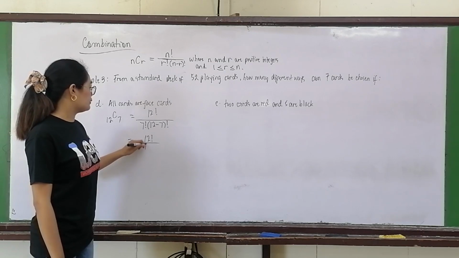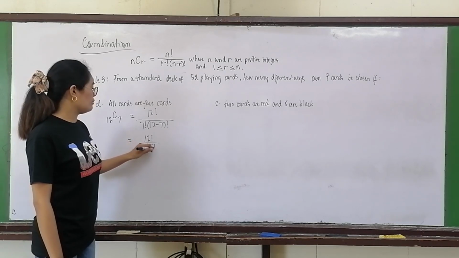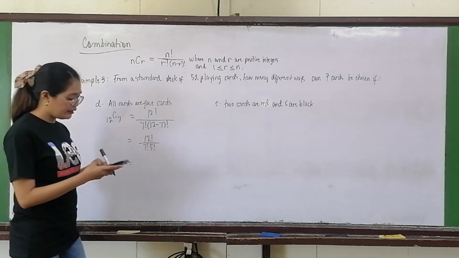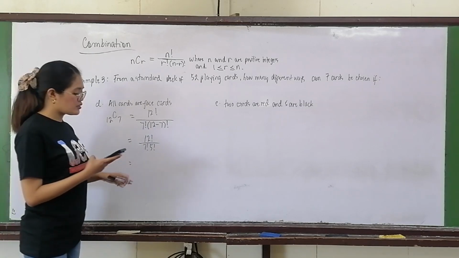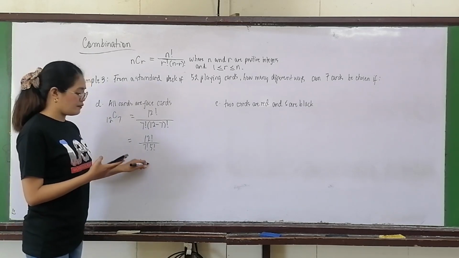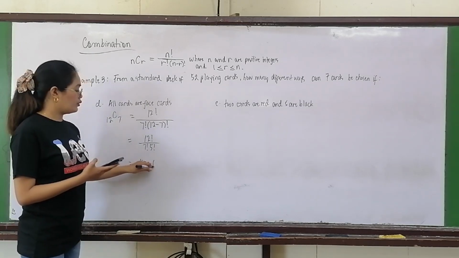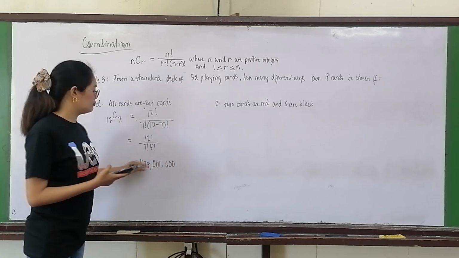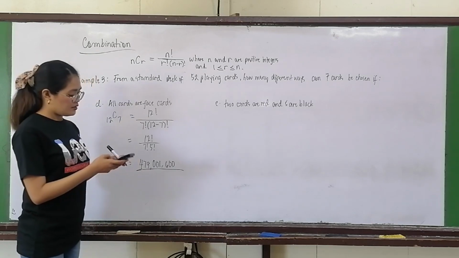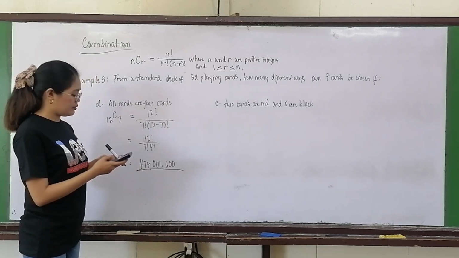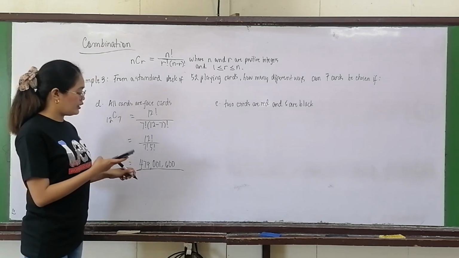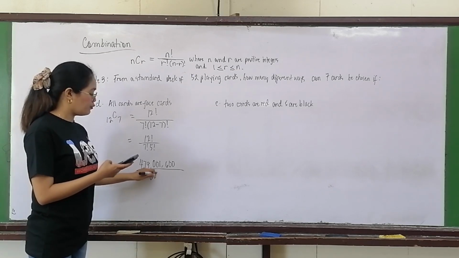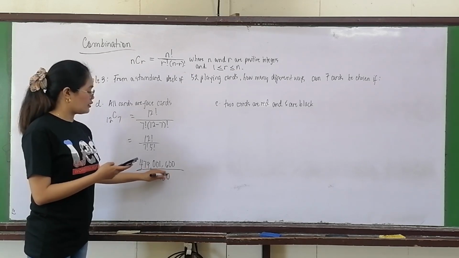We have 7 factorial times 5 factorial. And 12 factorial is 479,001,600 over 7 factorial times 5 factorial, which is 604,800.